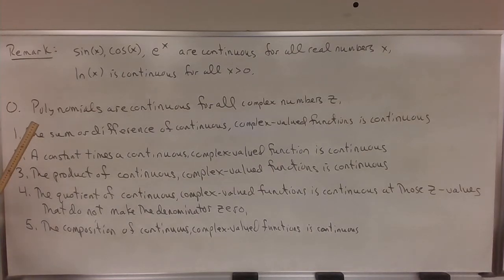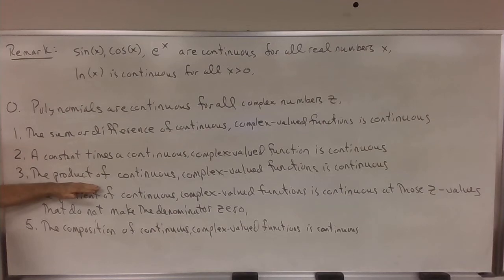Polynomials are continuous for all complex numbers z. The sum or difference of continuous complex valued functions is continuous. A constant times a continuous complex valued function is continuous. So you multiply a continuous function by a constant, you get a continuous function. You add or subtract continuous functions, you get a continuous function.